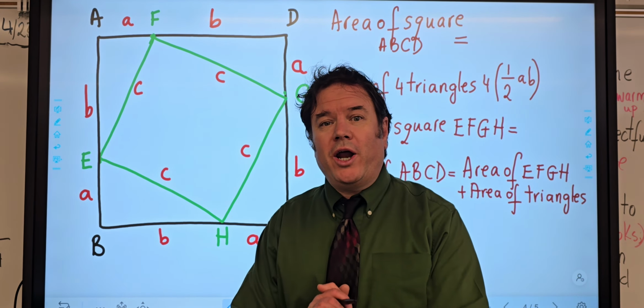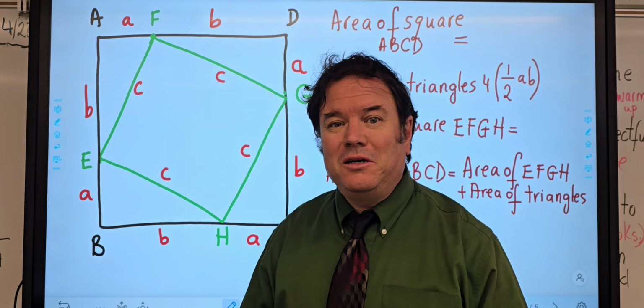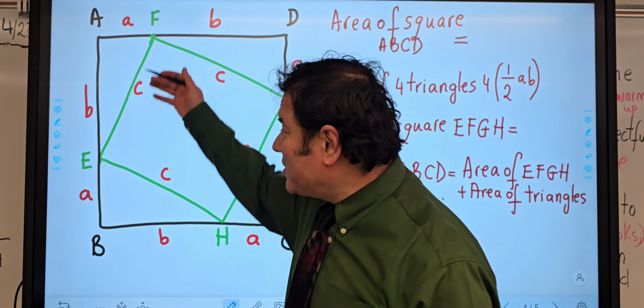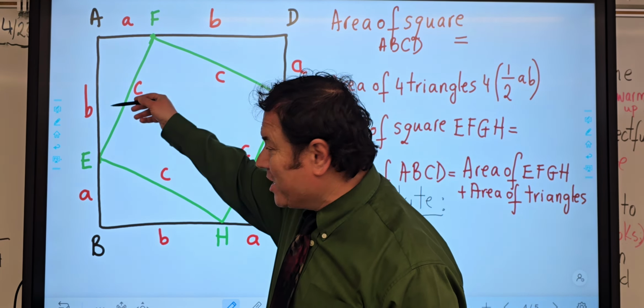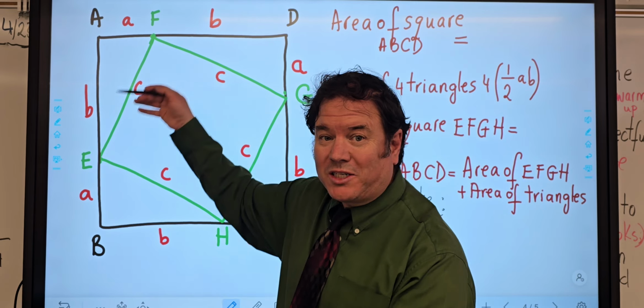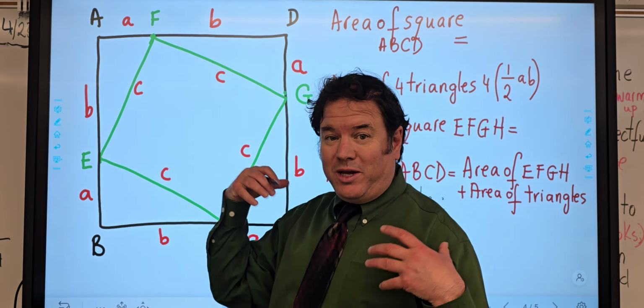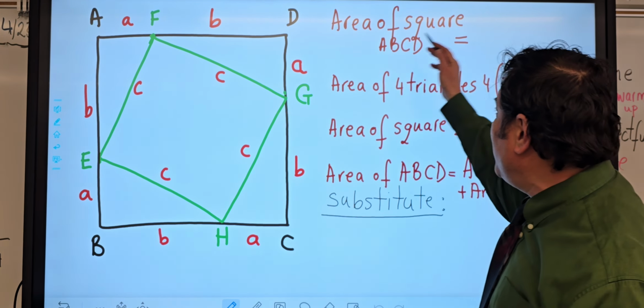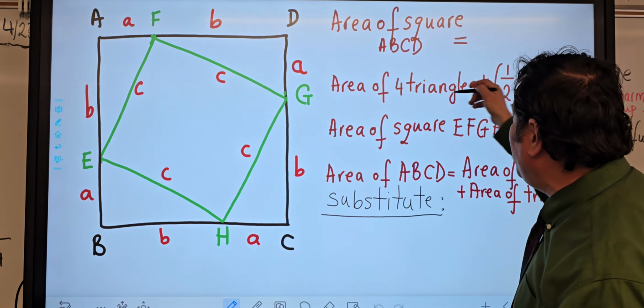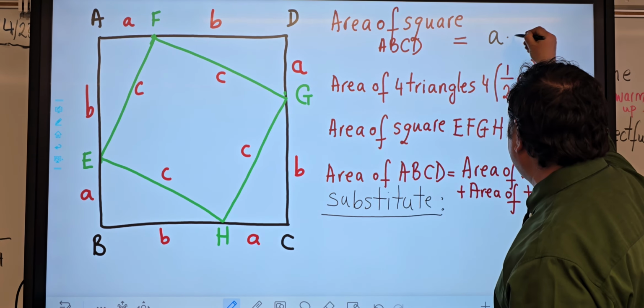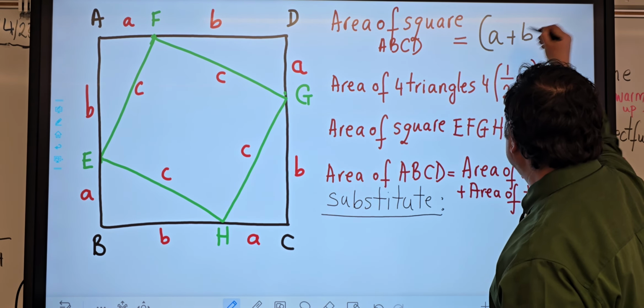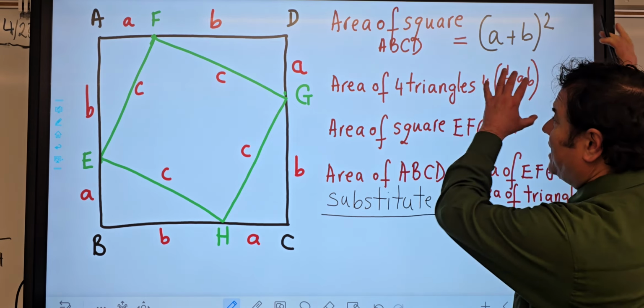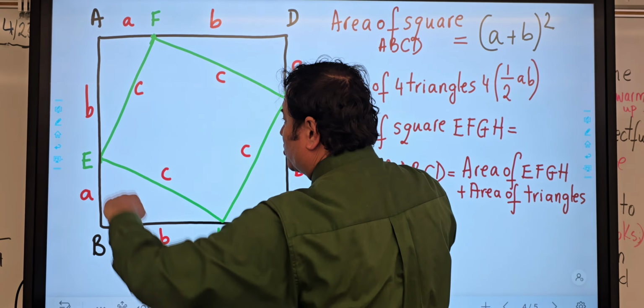The area of a square is side squared, and each side of this is A plus B. So the area of the square ABCD equals (A plus B) squared. That's the area of the big square.